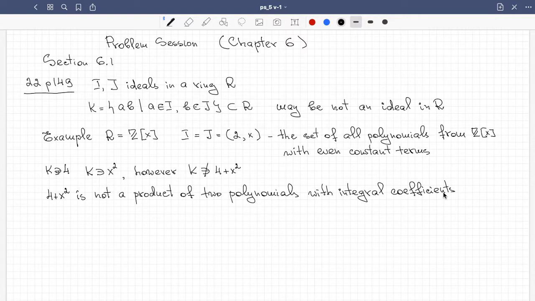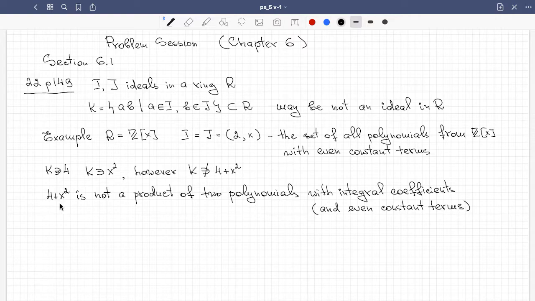Even constant terms does not really matter, it matters, in fact, because the only way to present it as a product of two polynomials, one of these two polynomials is going to be 1 or negative 1. 1 and negative 1 simply do not have even constant term. The constant term is either 1 or negative 1, which is odd.